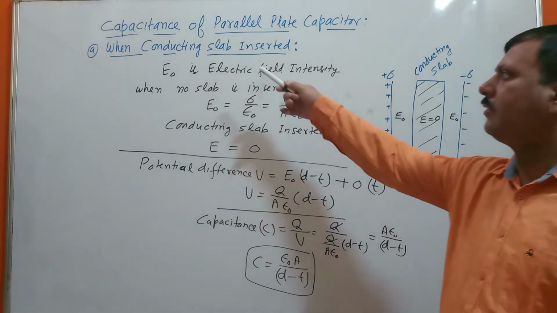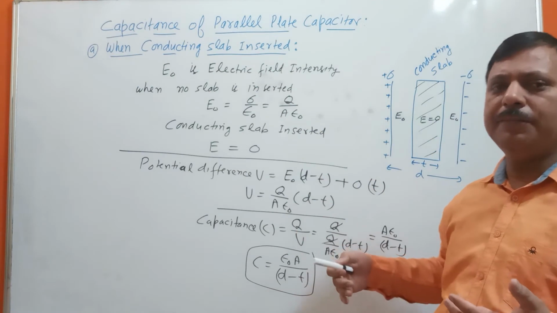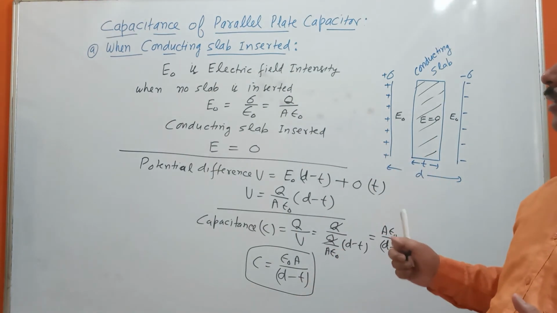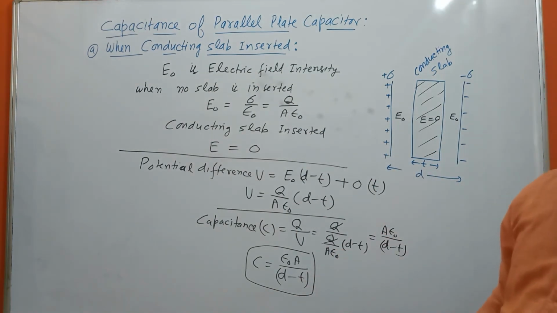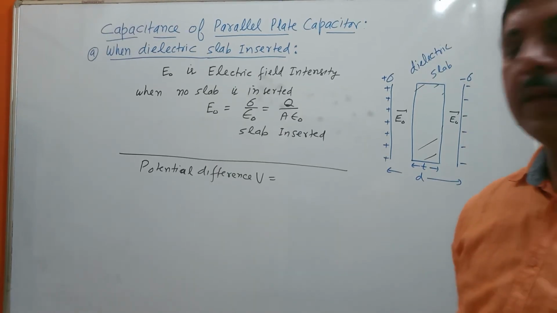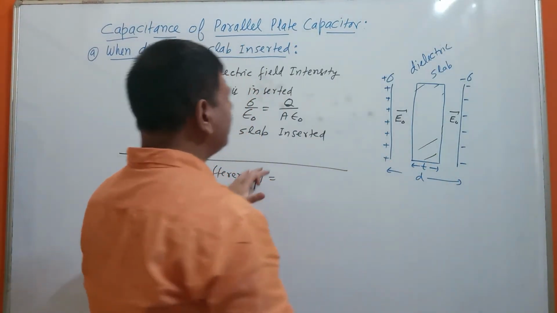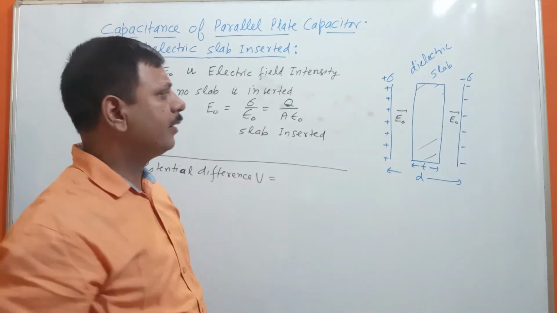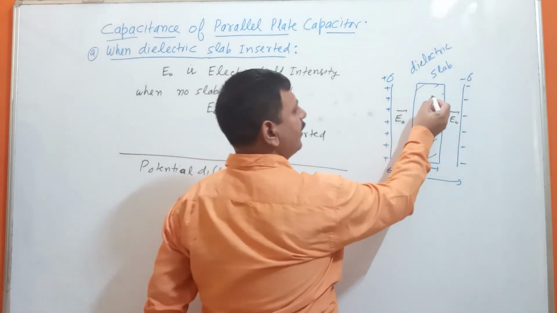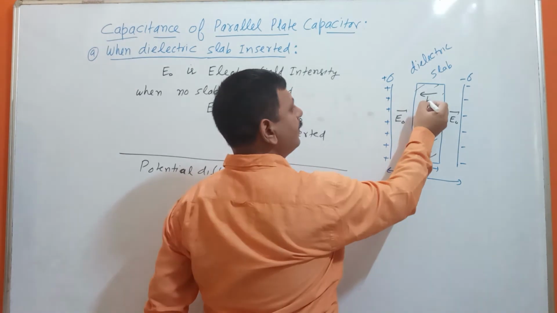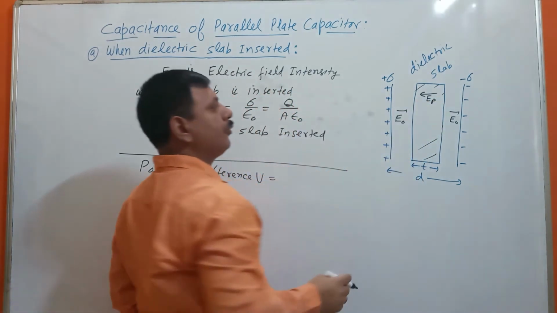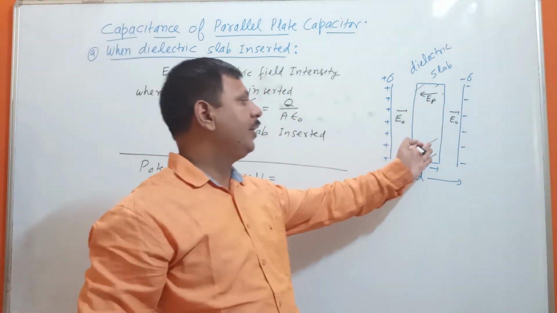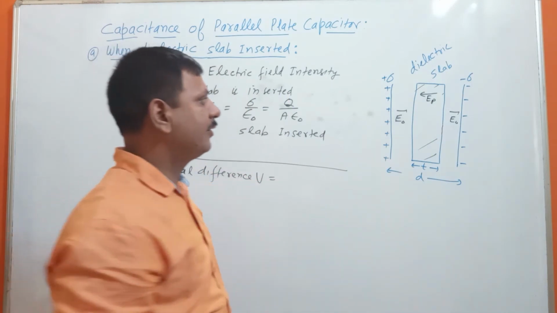If, in place of the conducting slab, I insert a dielectric slab of width T, then what happens? I have told you earlier, due to polarization, an electric field opposite to the external field is induced inside the dielectric slab.